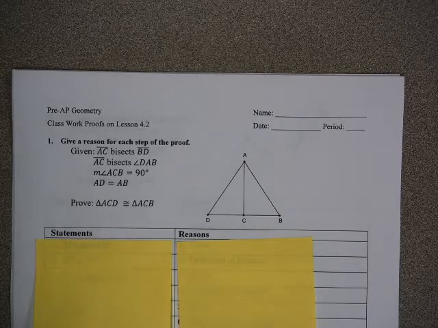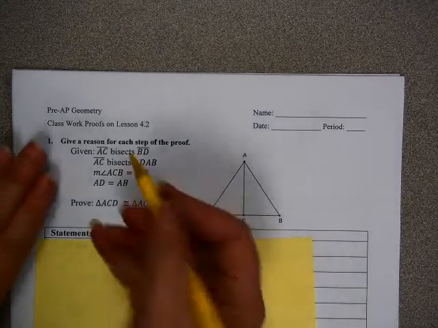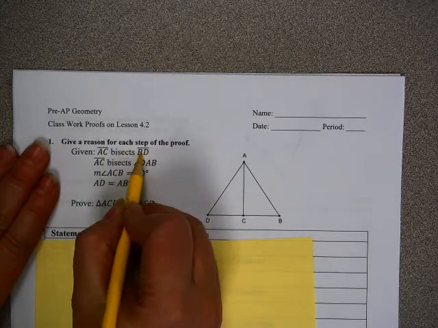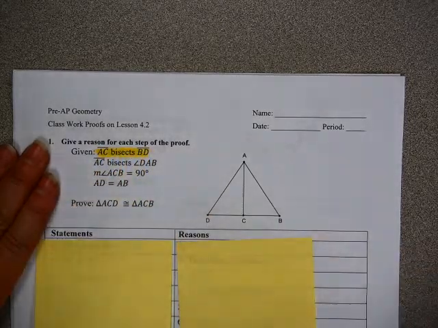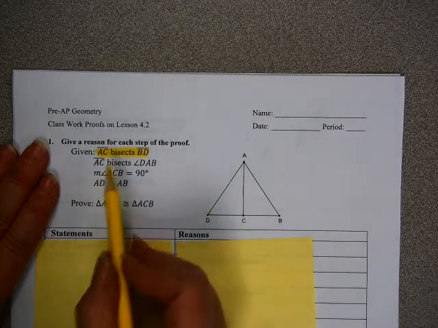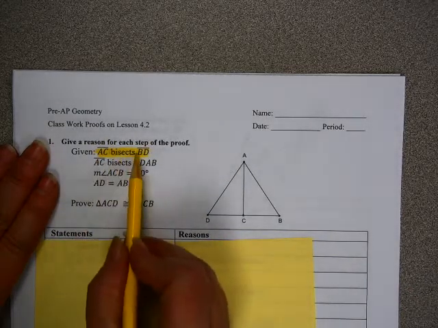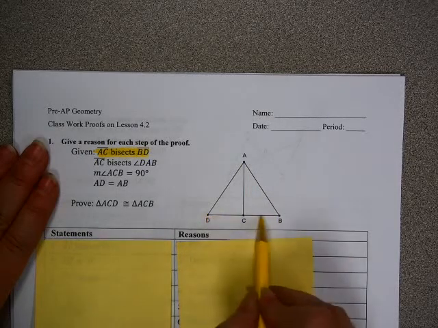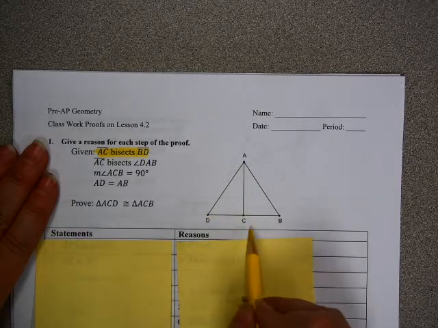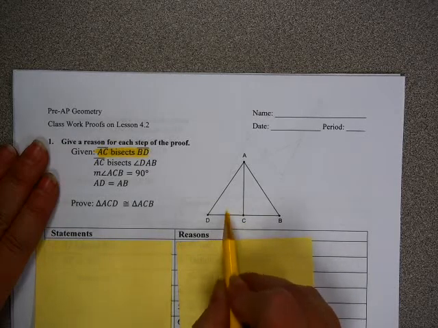So first, what I'd like to do is highlight AC bisects BD, the statement up here, in yellow. When AC bisects BD, what that means is it cuts it in half. So I have two equal pieces.